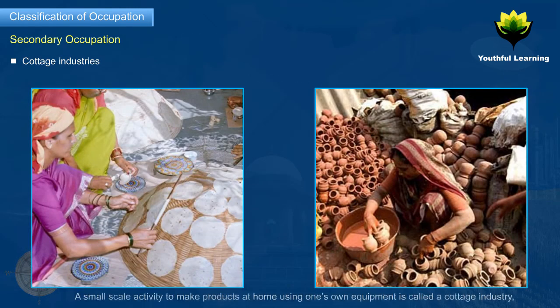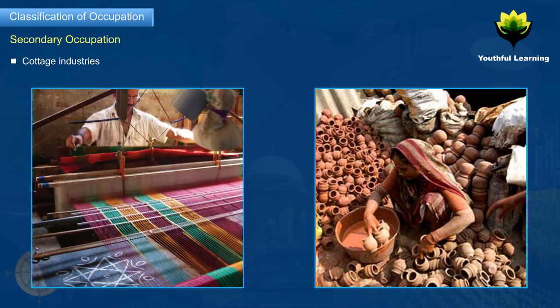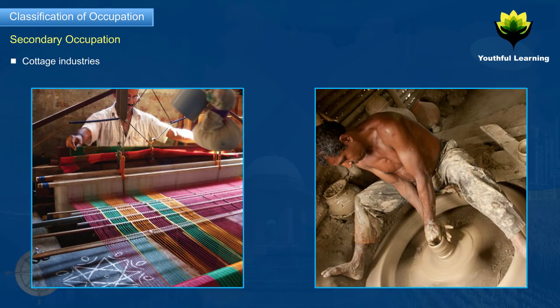A small-scale activity to make products at home using one's own equipment is called a cottage industry. For example, weaving and pottery. It is mostly found in rural areas.